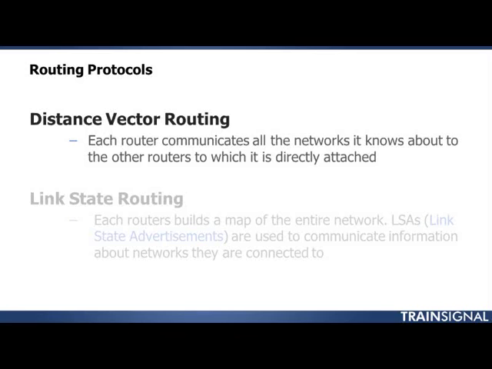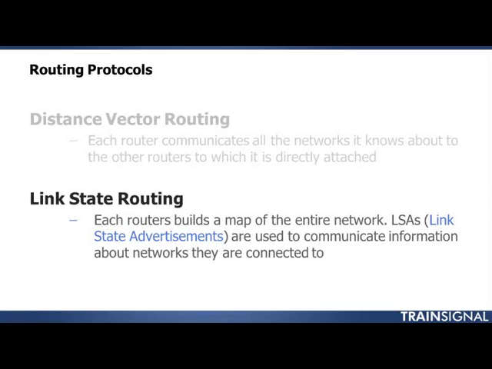And when using this type of routing protocol, communication typically will take place on some kind of a regular or scheduled basis. Whereas another type of routing protocol would be something called link state routing protocols. And this is where each router will build a map of the entire network.